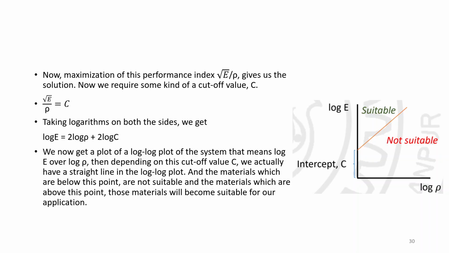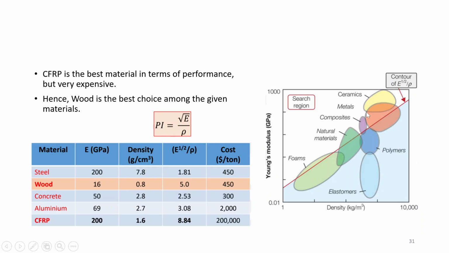The materials which are below this line are not suitable, and the materials which are above this line will become suitable for our application. So you can see this is the intercept, log E versus log rho, and here these are the materials which are not suitable, these are the suitable materials. Below this line is not suitable, above this is the search region.